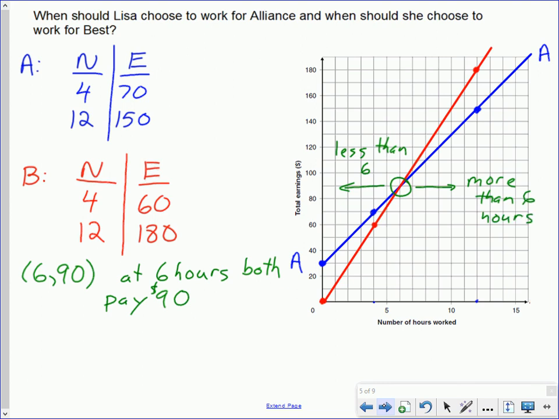we want Best, and I should label that line for Best Industries, B. We're better off working for Best Industries because it pays more. So here is how we answer this kind of question.